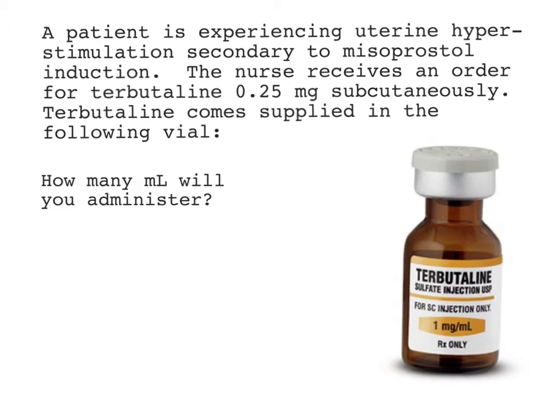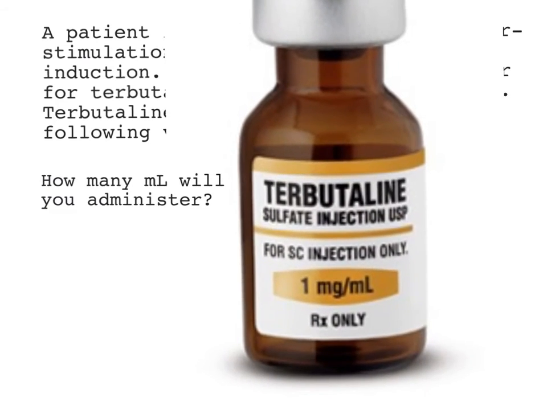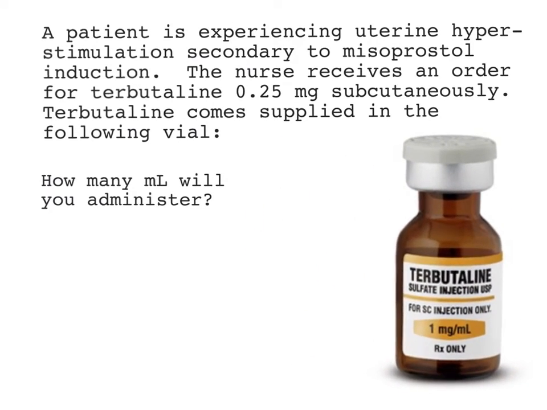The nurse receives an order for Terbutaline, which is a tocolytic, 0.25 milligrams subcutaneously. Terbutaline comes supplied in the following vial. Looks like that. 1 milligram per ml. How many milliliters will you administer in this subcutaneous injection?